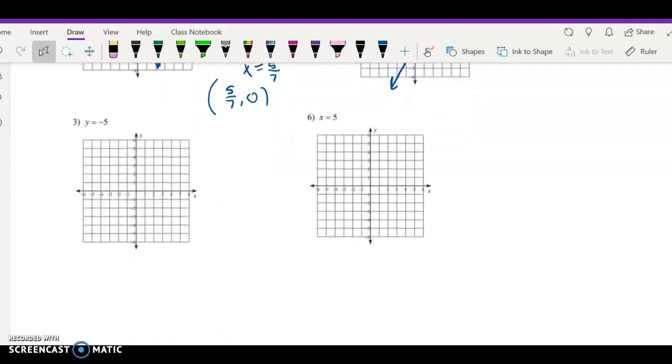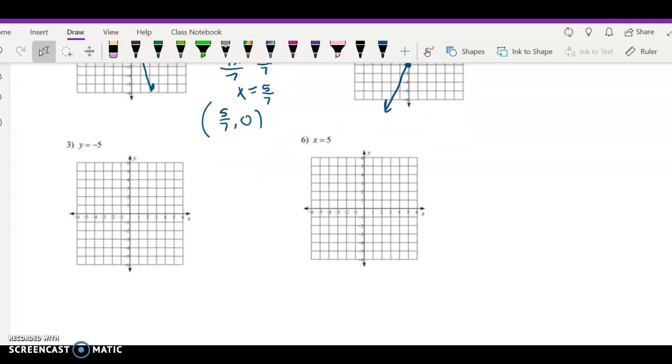For number 3, it says y is negative 5. So if y equals negative 5, that means no matter what my x is, I'm always going to be at the point y of negative 5, which means it's just a horizontal line.